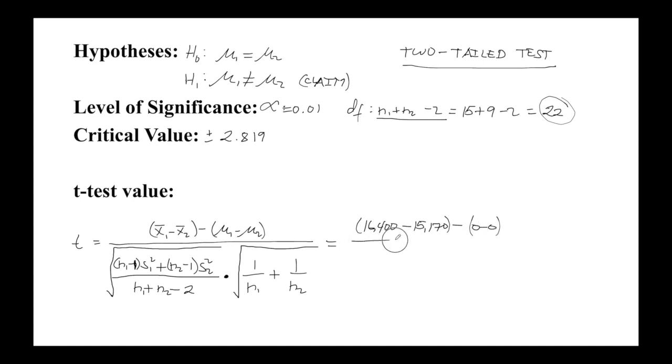Next, for our denominator, let's have the square root of this number. N sub 1, what is our n sub 1? That is 15. So 15 minus 1 multiplied by s sub 1, then we will square that.